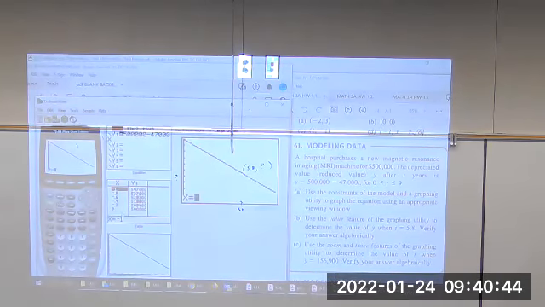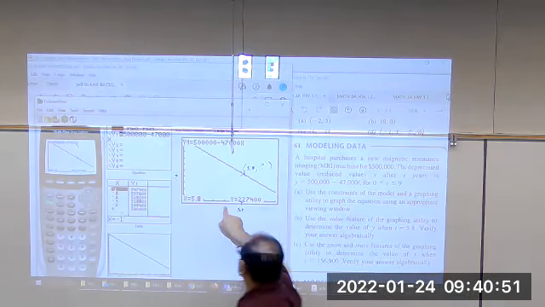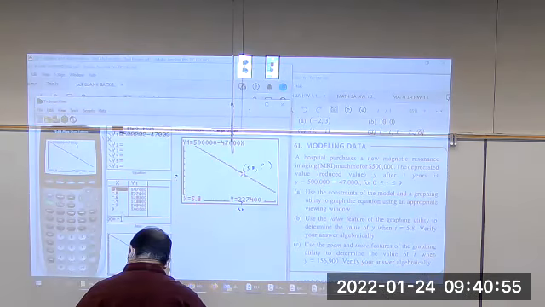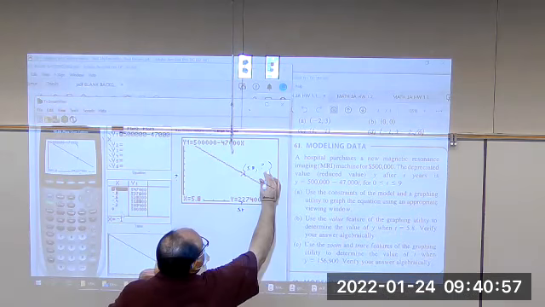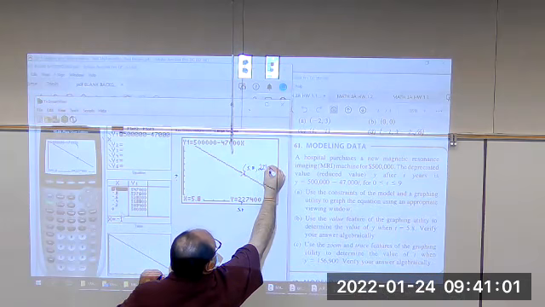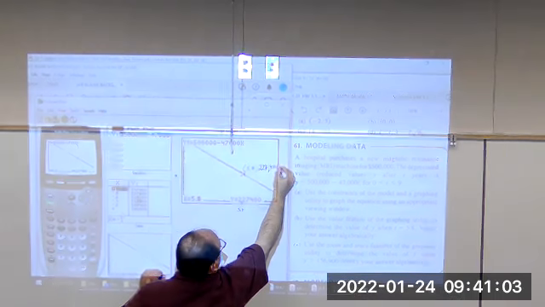If I just punch in 5.8 and hit enter, then right here, at 5.8 years, the value is $227,400.